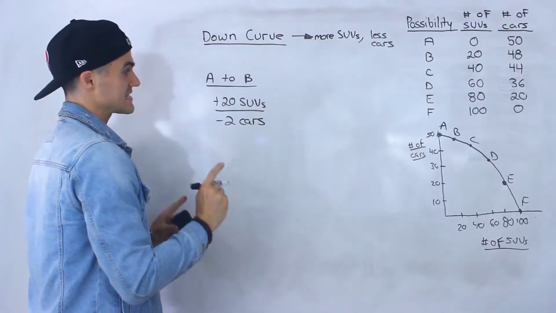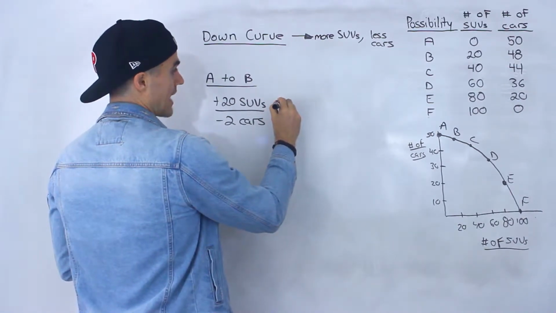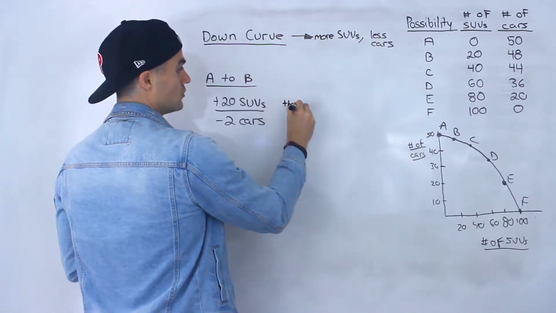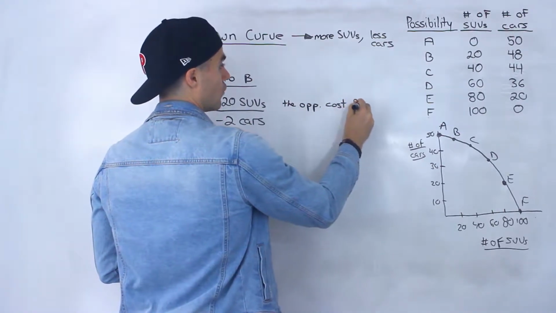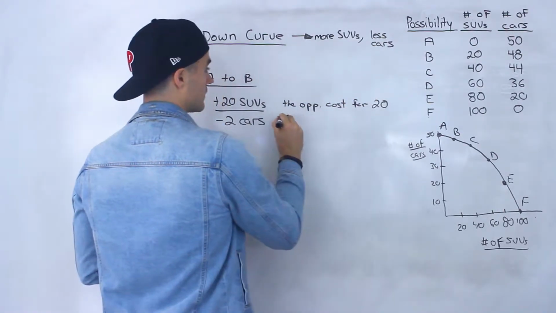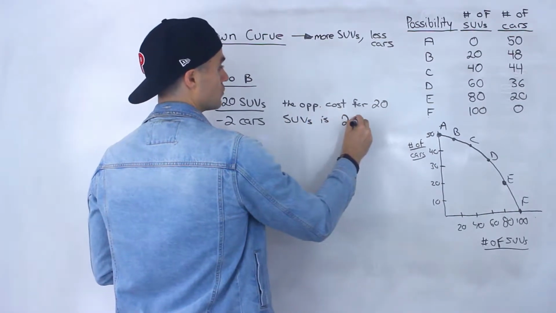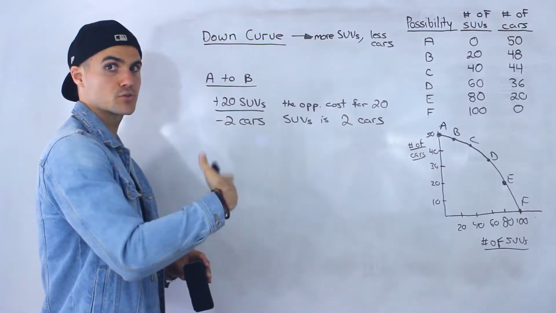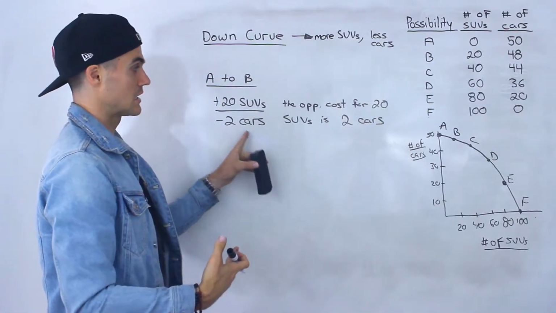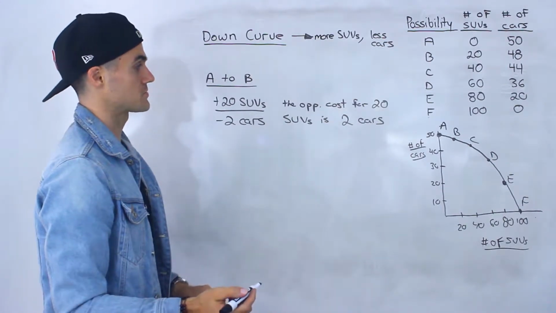And so more specifically, what this means is that the opportunity cost for 20 SUVs is 2 sports cars. The opportunity cost of producing 20 more SUVs, we have to sacrifice producing 2 sports cars.